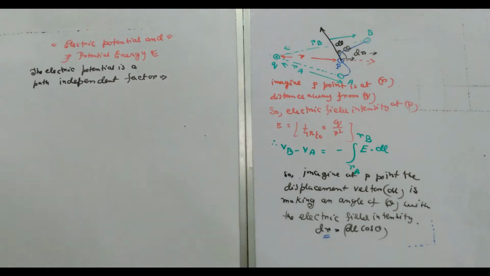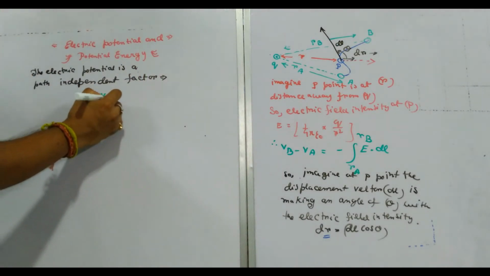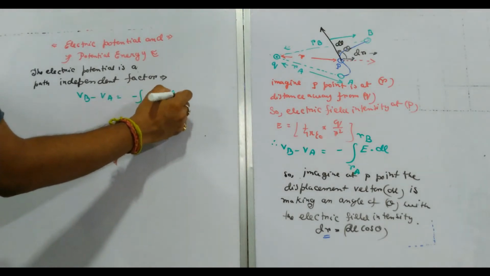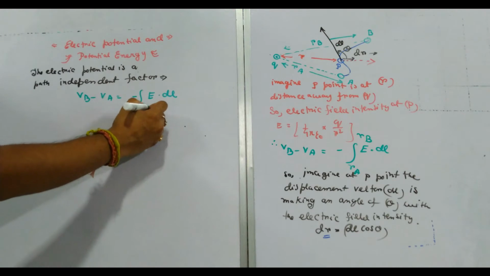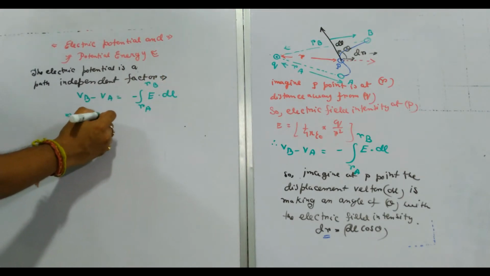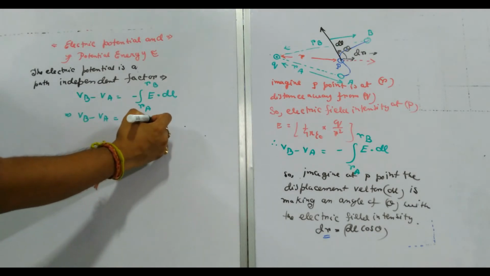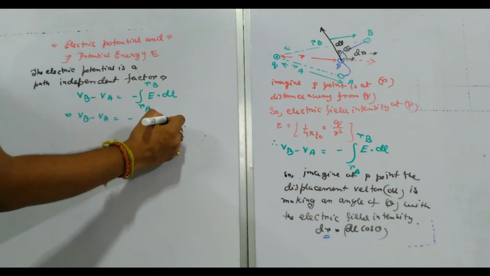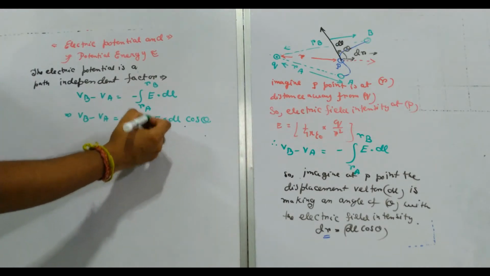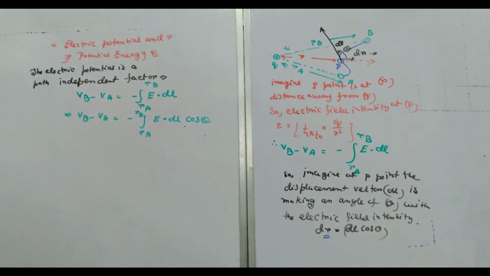Now we are trying to evaluate the total value, that is, VB minus VA has been expressed as minus of the integral of E dot dl from RA to RB. As this is the dot product, we can write this as minus the integration of E into dl into cos theta, where the lower limit is RA and the upper limit is RB.